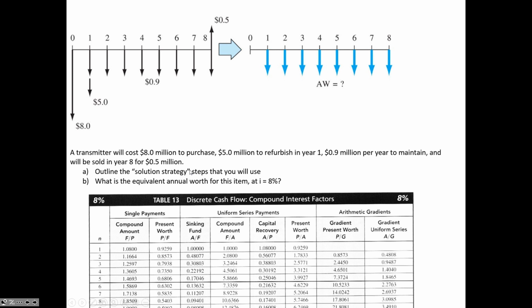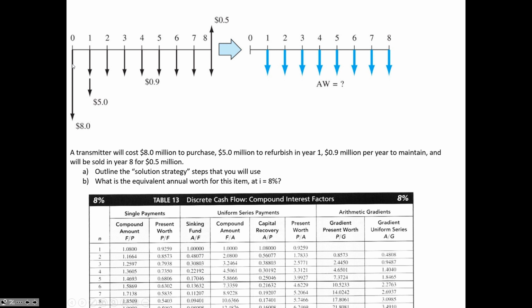Okay, so then step 2 is you've got this amount in year 1. I guess there's a couple of things we could do. If we were being silly, we could move it from year 1 to year 8, and then from year 8 to an annual series. That's a little indirect. Probably what I'd do is I'd move it from year 1 to year 0 and combine it with that 8 million that's already in year 0.